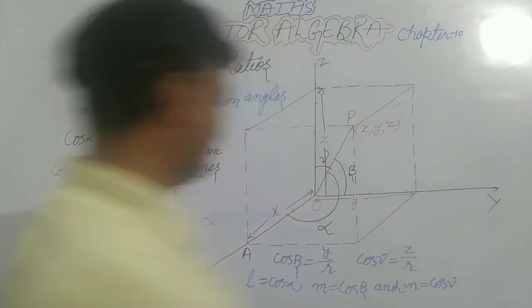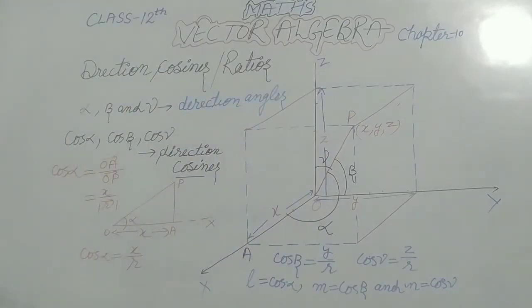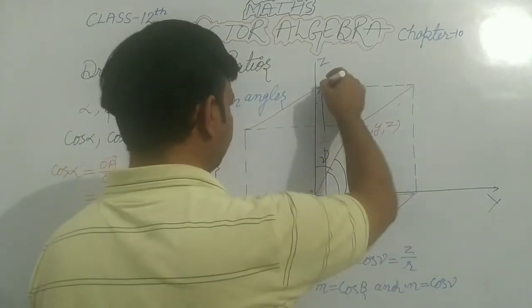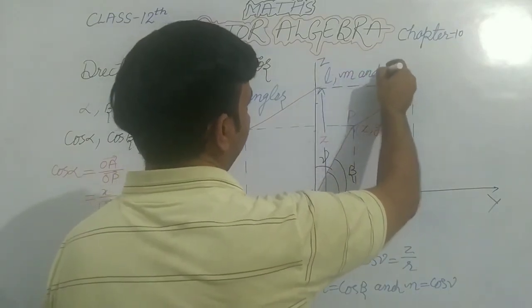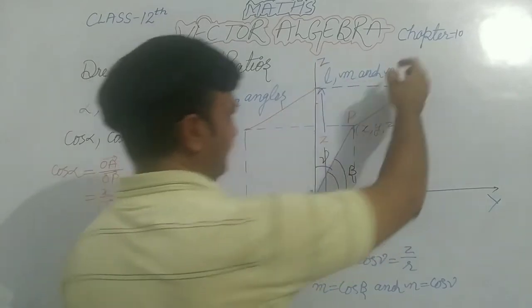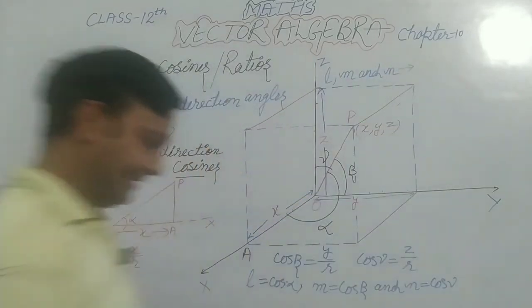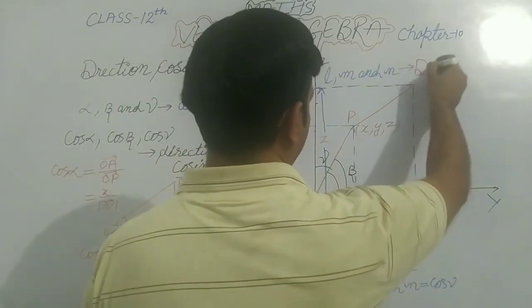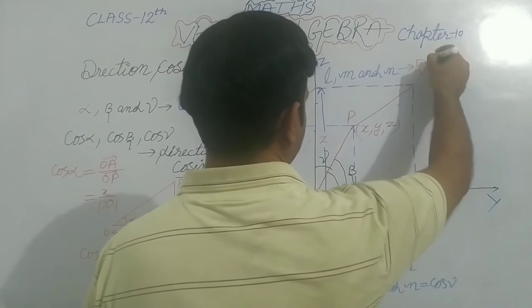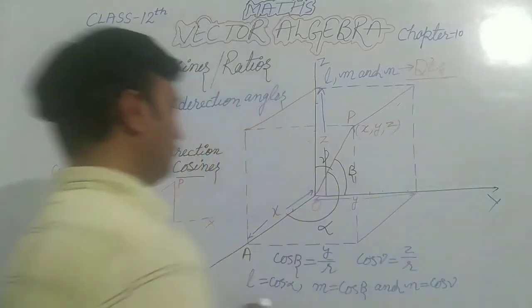So here L, M and N are the direction cosines, this is what we can write in short. So this is the direction cosine.